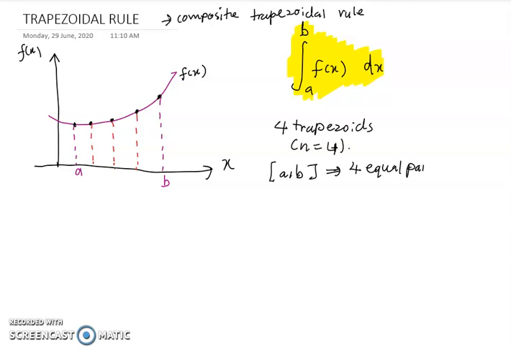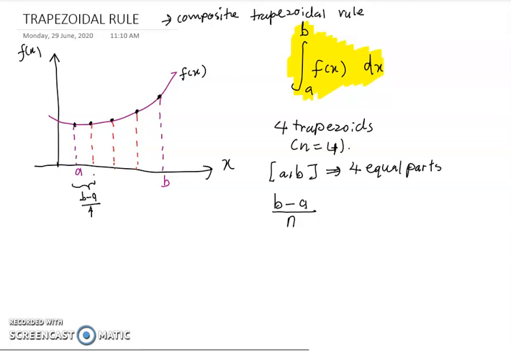To do that, we find the length of the interval a to b, which is b minus a, and we divide it into n equal parts. As for now, my n is equal to 4. So in my illustration here, I have 4 trapezoids, and the length of each trapezoid is (b minus a) over 4.